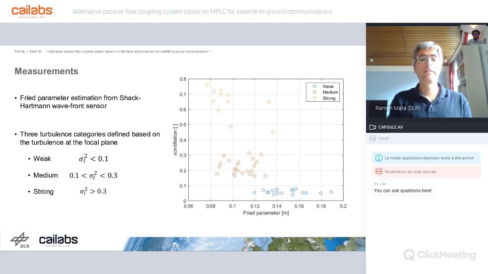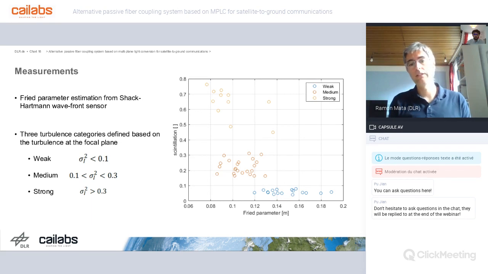So we can classify the measurements. We took the scintillation as a parameter. Everything with scintillation below 0.1 we define as weak, then medium between 0.1 and 0.3, and everything above 0.3 is really strong effects of the turbulence.